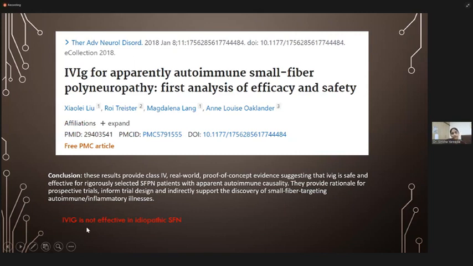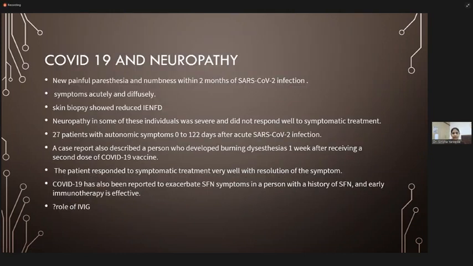However, to conclude, IVIG is still not proven effective. We can't use it in routine practice. This was an article published in 2018. As of now, we don't have enough backup from the literature in idiopathic small fiber neuropathy. But if you are suspecting an immune mediated cause, it is definitely useful in a non-length dependent neuropathy.